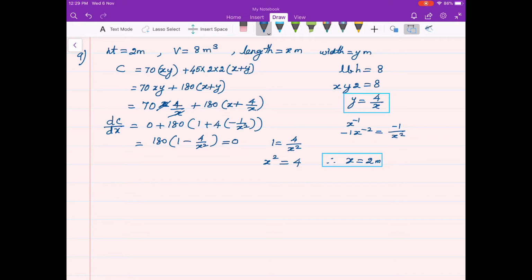Let us do the second derivative test. d square C over dx square is equal to 180 times differential of 1 is 0 minus 4 times x raised to minus 2. Minus 2 differentiation is minus 2 x raised to minus 3.